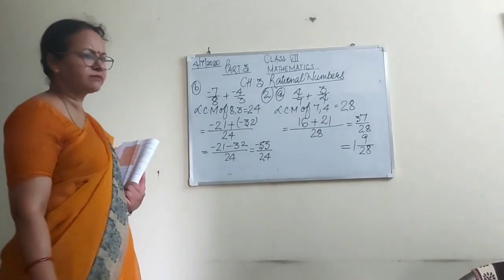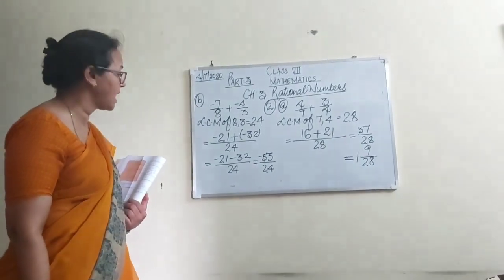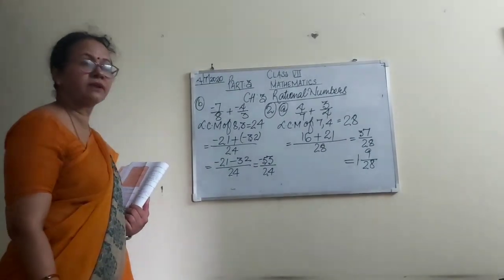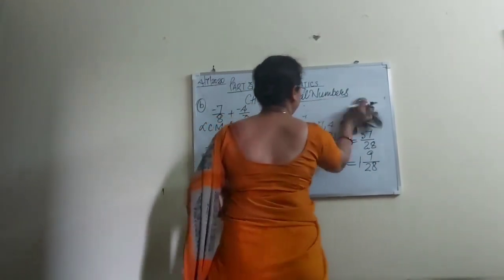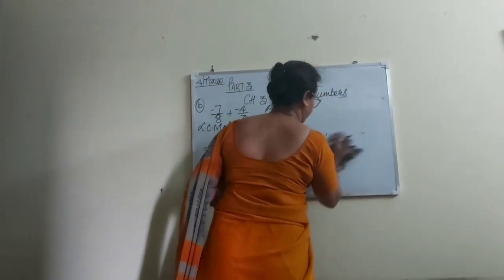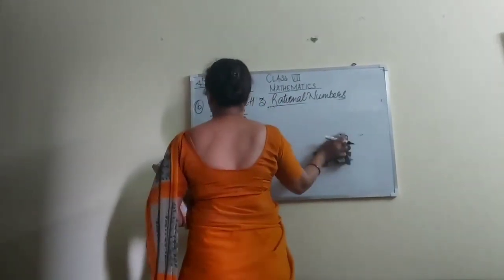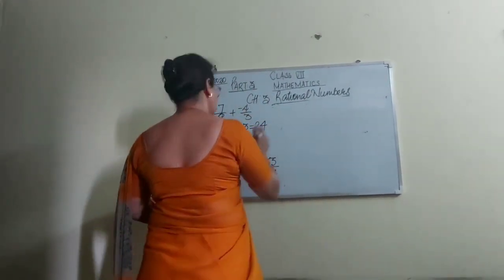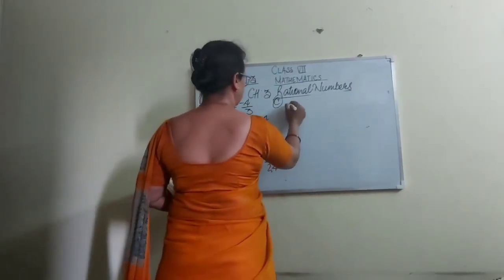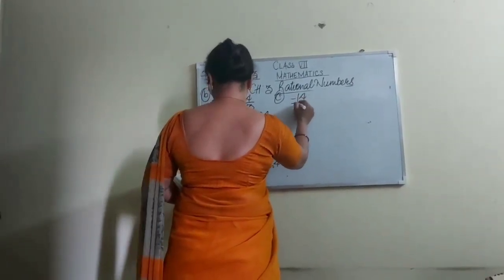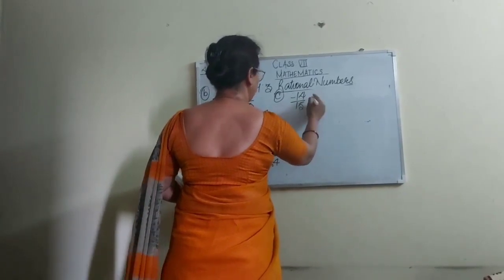As it is a negative number, we are not writing it as a mixed fraction. We are writing it as it is. Next part. C part is minus 14 by 15 plus 7 by 5.